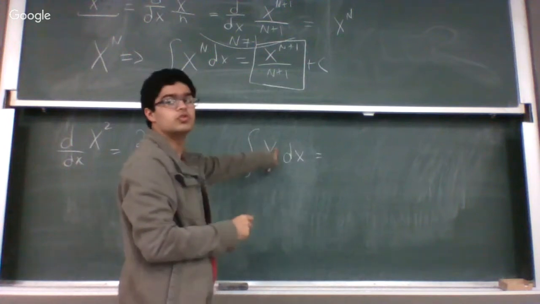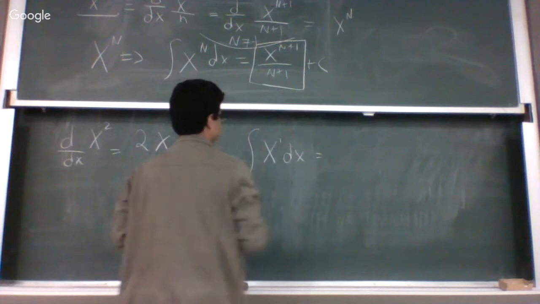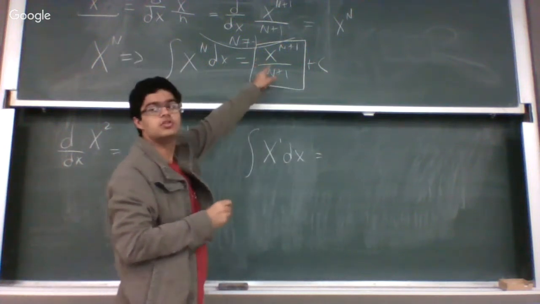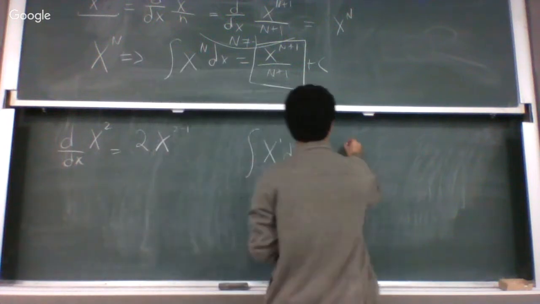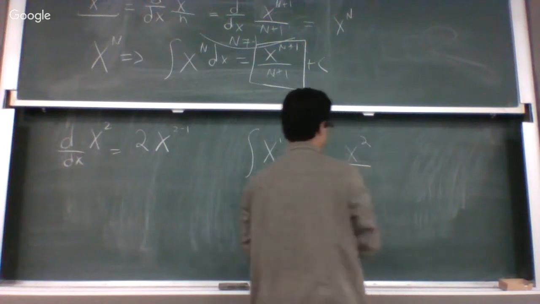That x is to what power? 1. This proof tells us that it's x to the 1 plus 1, so it's x squared over 1 plus 1, which is 2.